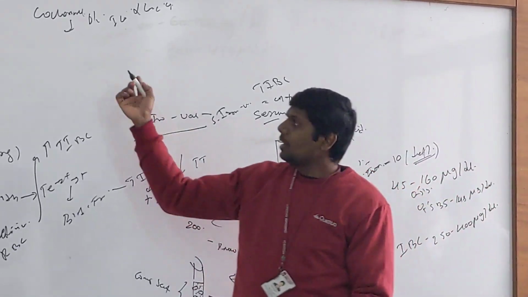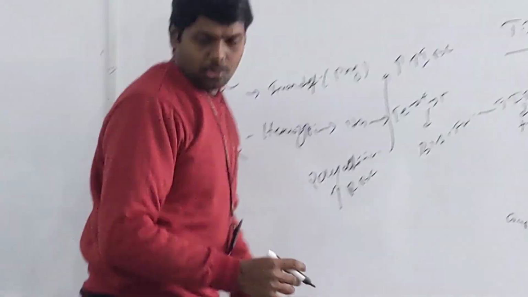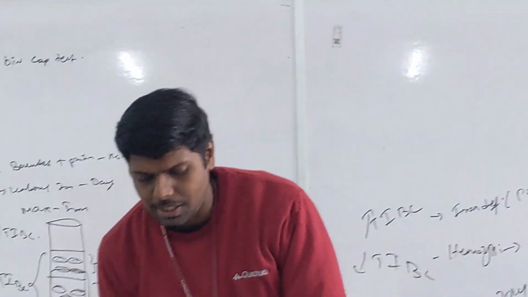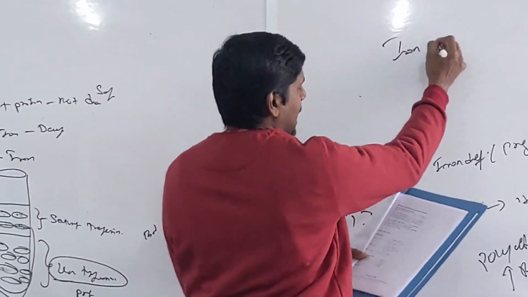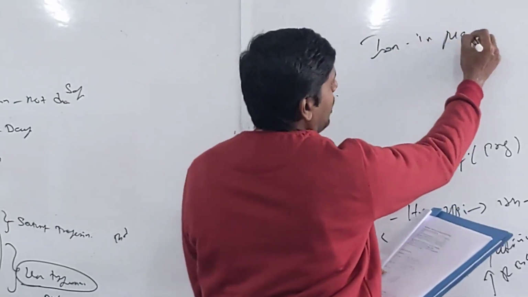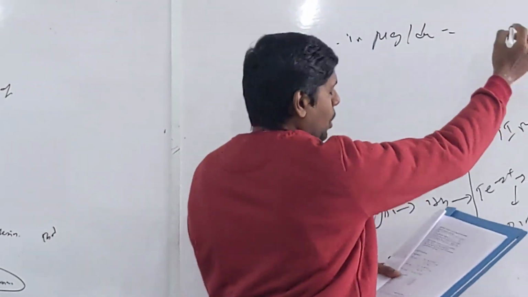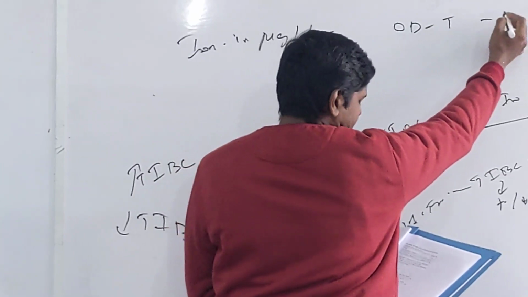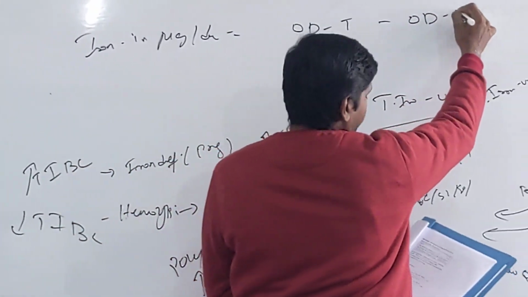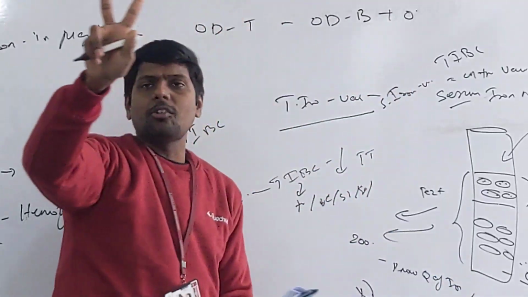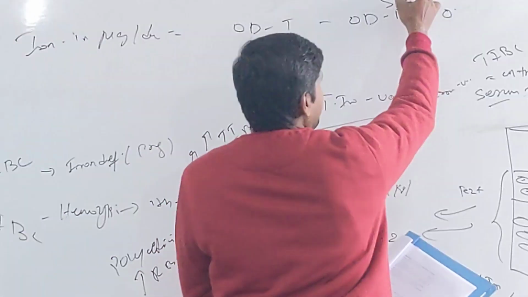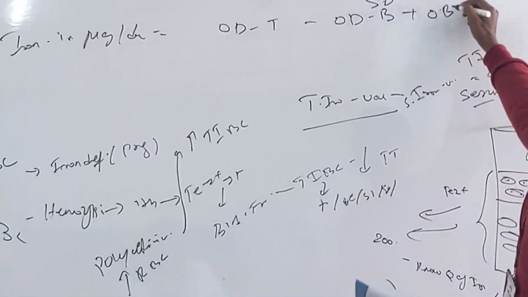Okay, so what values will you take in the colorimeter? Tell me, students. Write down this formula. Iron in microgram per deciliter is equal to OD of test minus OD of blank, divided by OD of standard minus OD of blank, into 100. Okay, listen. I'm taking two types of blank here: standard blank and blank.